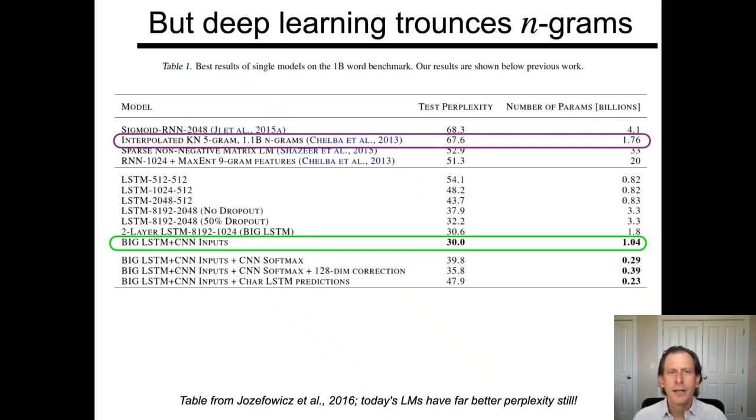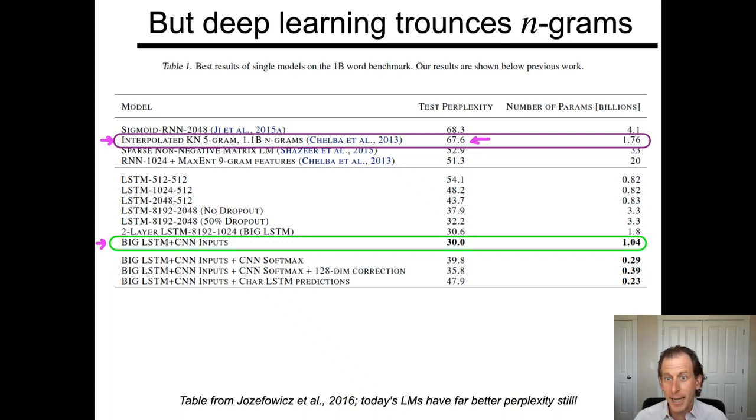Nevertheless, deep learning trounces the best n-gram language models. So this is a paper from 2016. This is the best n-gram model that they had in this case. Its perplexity was 67.6, and they came up with a neural language model that cut that perplexity by over half.